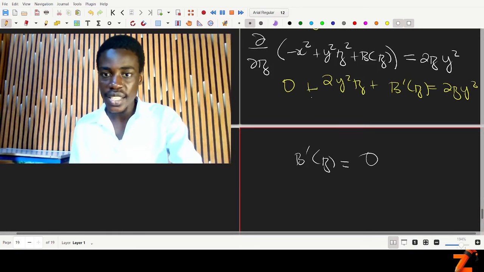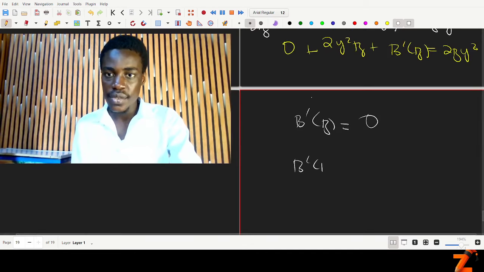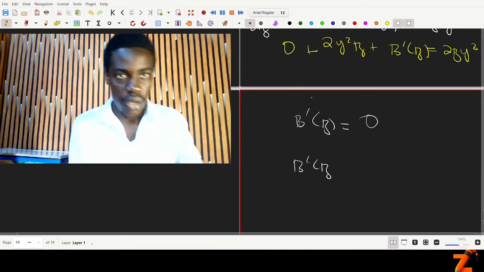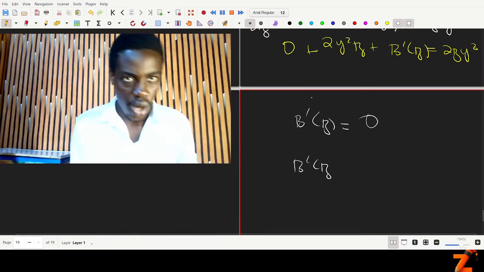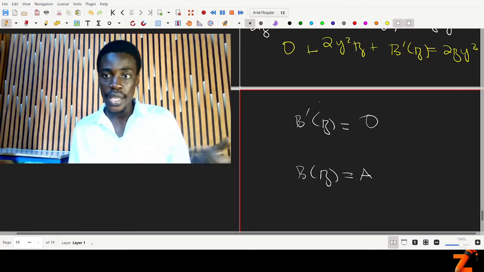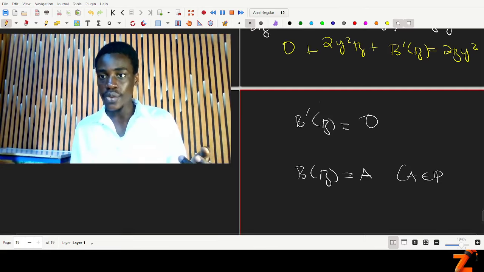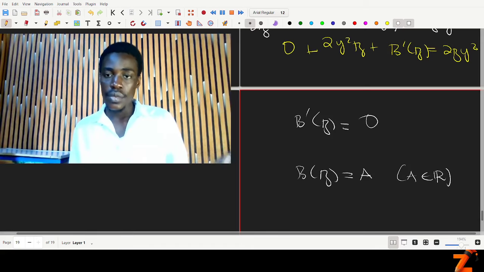So I can say that since b prime of z is 0, b is a constant. So I can write that b of z is equal to a. A is a real constant. Then I can replace this expression of b of z in the expression of v.